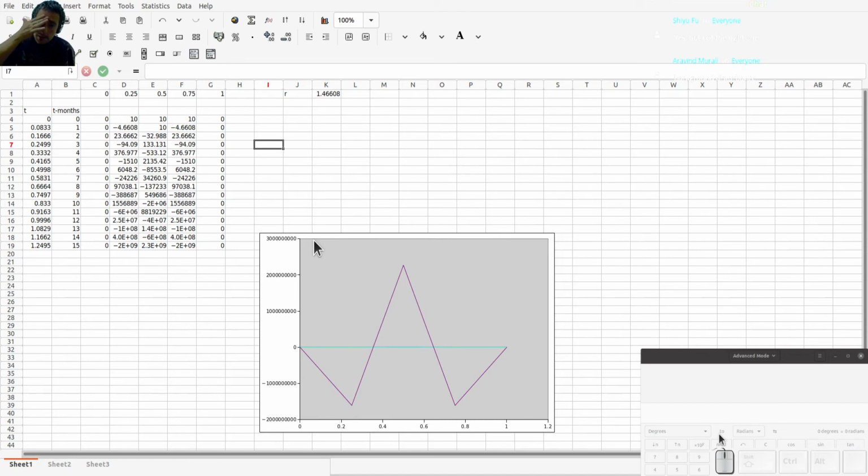So CV is equal to delta T delta Z squared over 2CV.